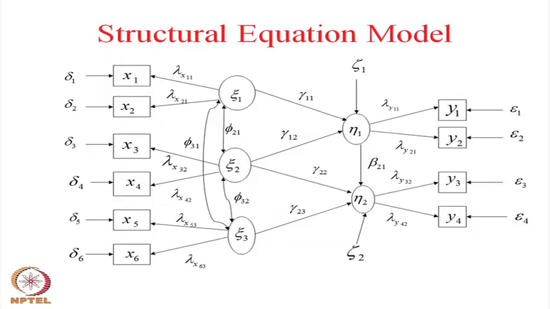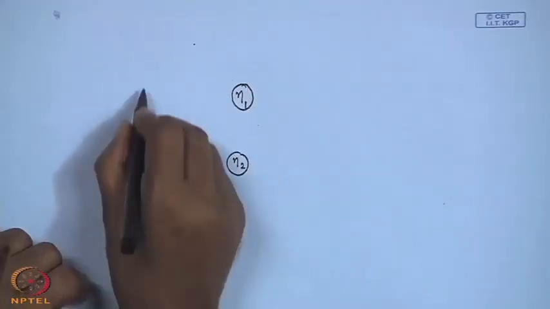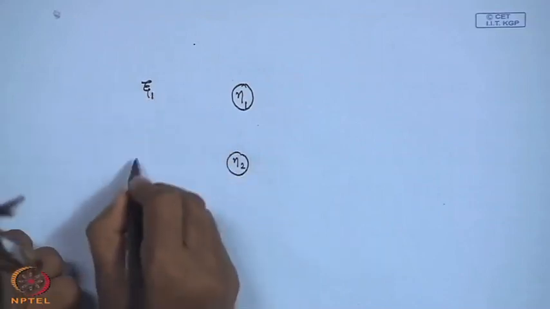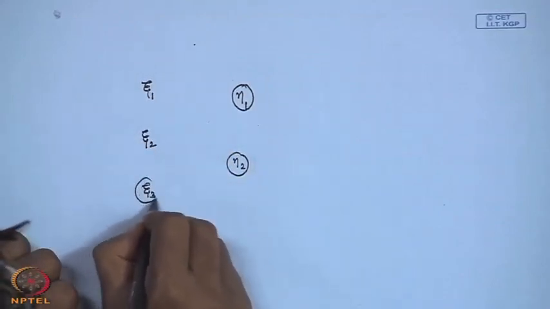Now, see one big picture of where we are going. First, let us think that there is one variable eta 1, another variable eta 2, and these two variables are affected by some variables called xi 1, xi 2 and xi 3.